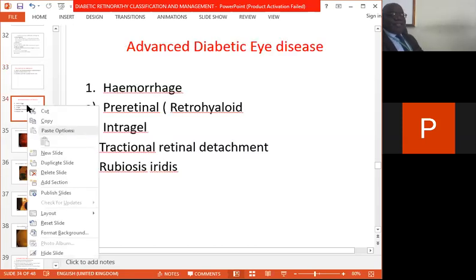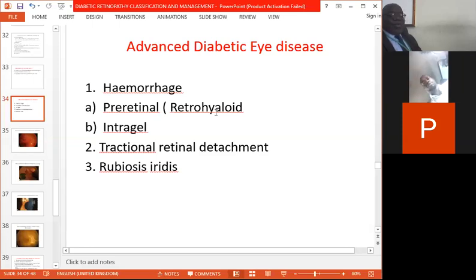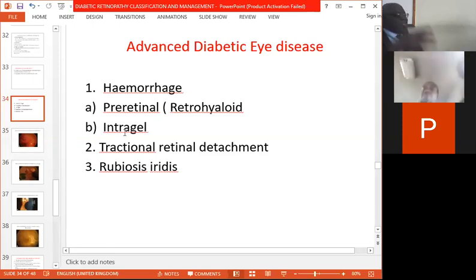Advanced diabetic eye disease. You want the word advanced. Advanced diabetic eye disease, you have features of hemorrhage, which may be pre-retinal or retrohyaloid or intragel within the vitreous gel, and may also show tractional retinal detachment.